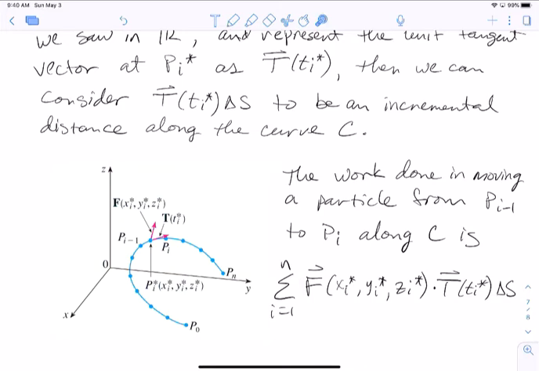In other words, work is force times distance. So the vector field F is the force doing the work, and the other part is the distance along C. And since F and T are both vectors, this multiplication is a dot product.